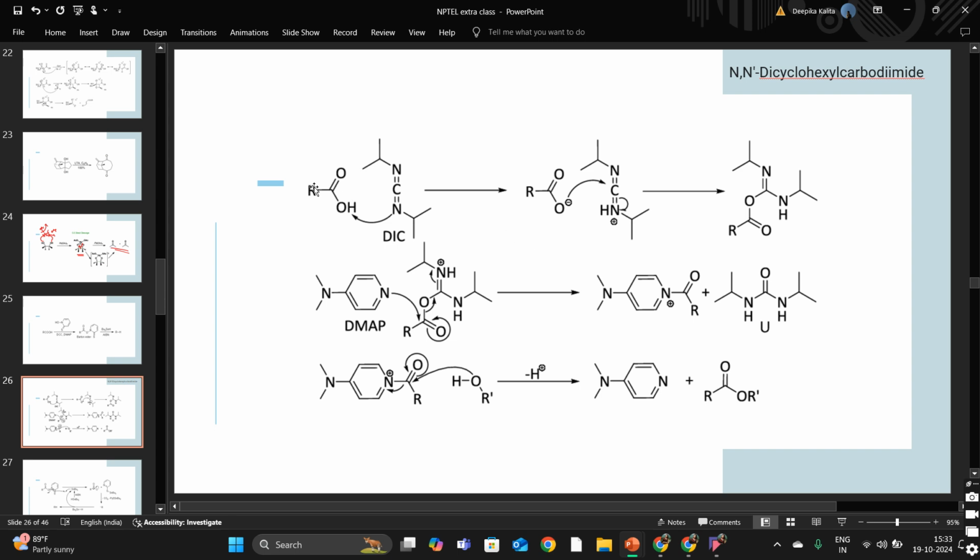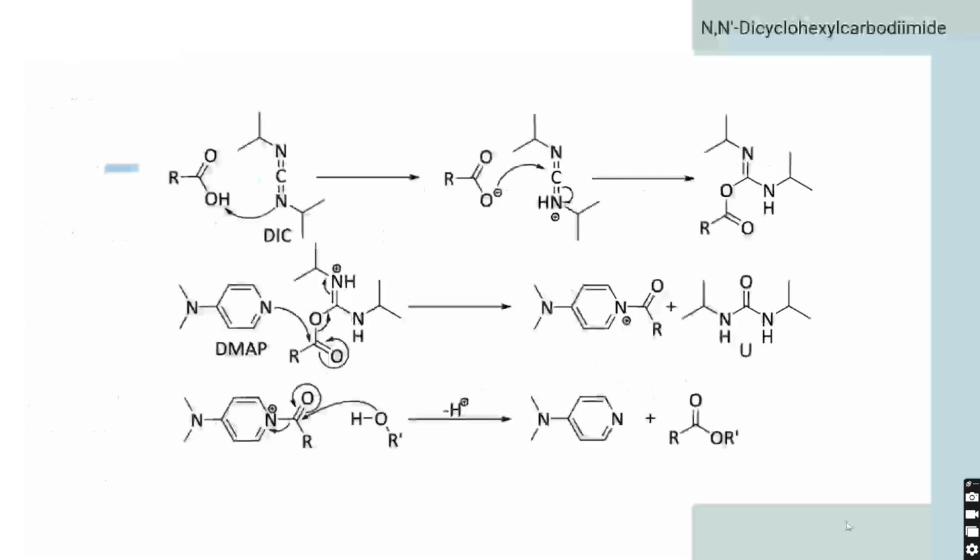So the reaction starts with the carboxylic acid, and the dicyclohexylcarbodiimide is going to act at the carboxylic acid for proton abstraction, and we get a carboxylate of this type. The carboxylate now is going to attack at this electrophilic carbon center to give us this type of ester fragment.